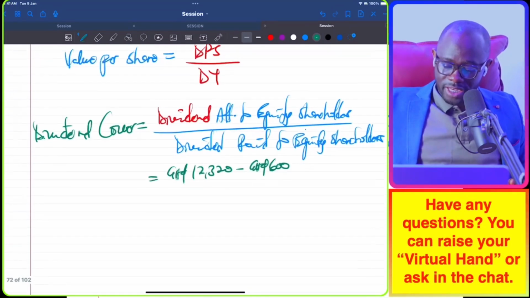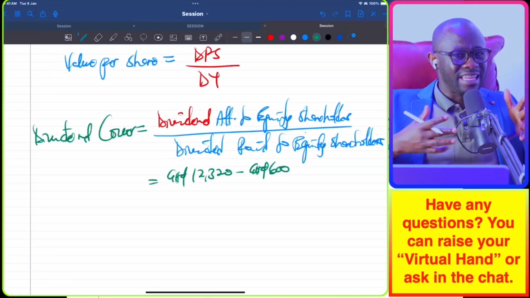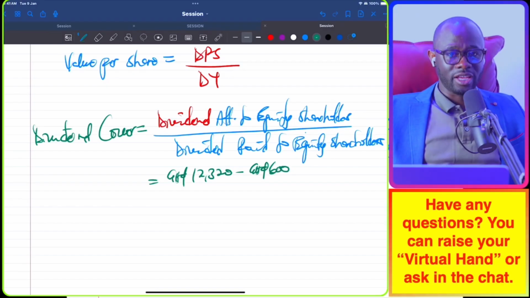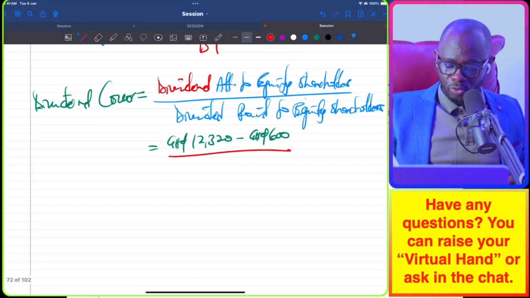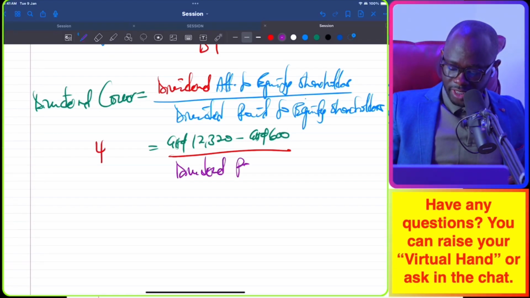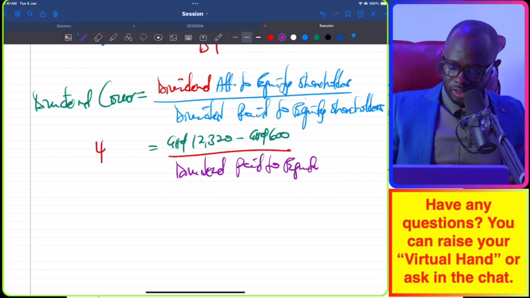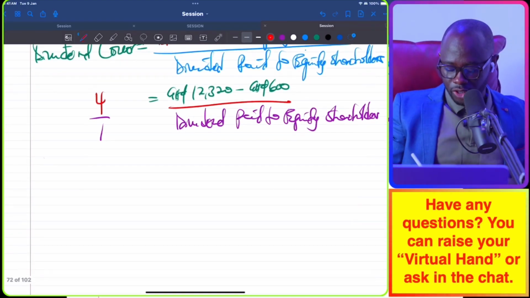In the dividend per share workflow also, it has to be subtracted. Principles don't change. So let's divide by the dividend payable, which we don't know. So dividend cover is 4. So we get the dividend paid to the equity shareholders. So we do cross multiplication to get the dividend paid to the equity shareholders.